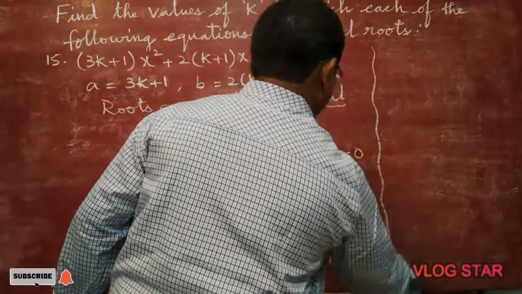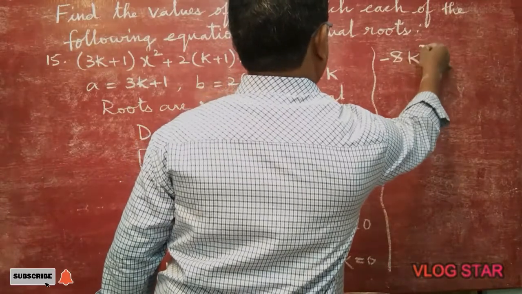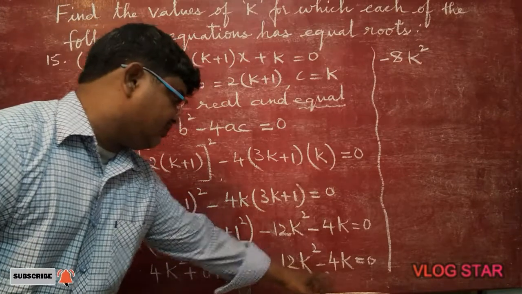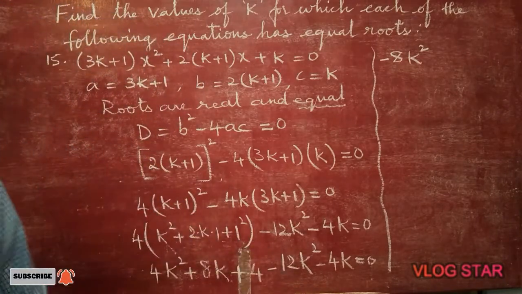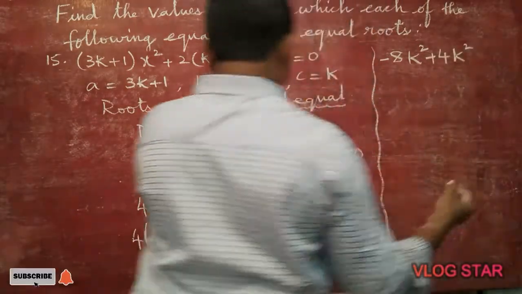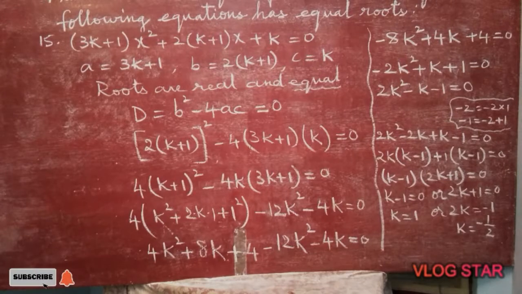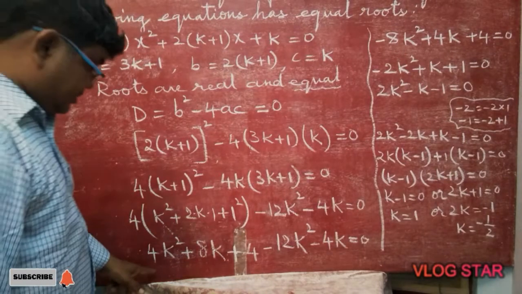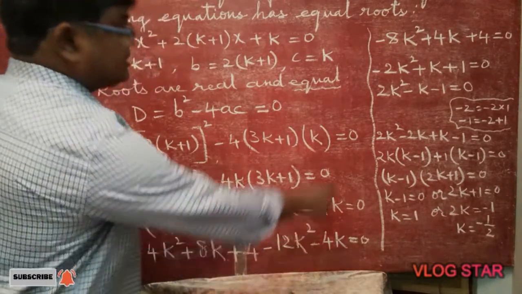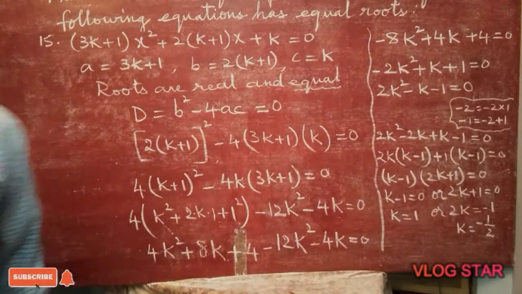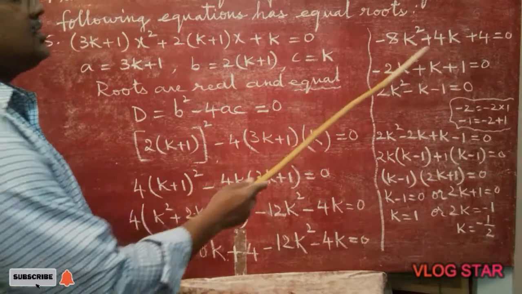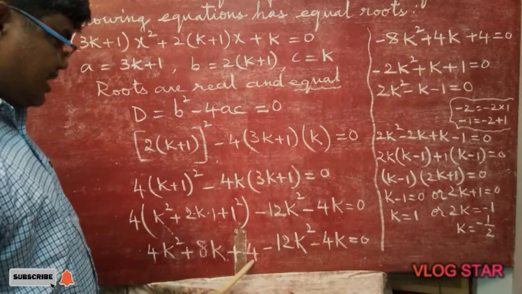Next, 8k minus 4k, these two are like terms. 8 minus 4 is plus 4k. So the simplification: 4k square minus 12k square is minus 8k square, and plus 8k minus 4k is plus 4k, and only one constant, plus 4, is there, right?